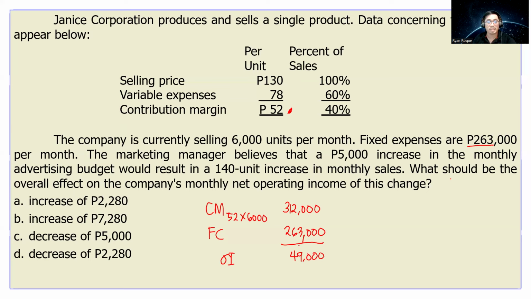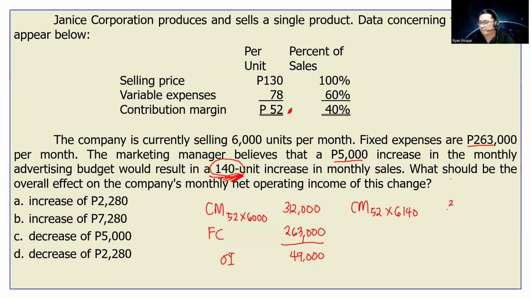Now, so what would be your new income? So it says here that the marketing manager believes that a 5,000 increase in the monthly advertising budget would result in a 140 unit increase in monthly sales. So what would be the effect on the profit? So the new CM would be, how much is the CMU? It's 52. And let's multiply it with 6,140 units because there will be an increase of 140 units.